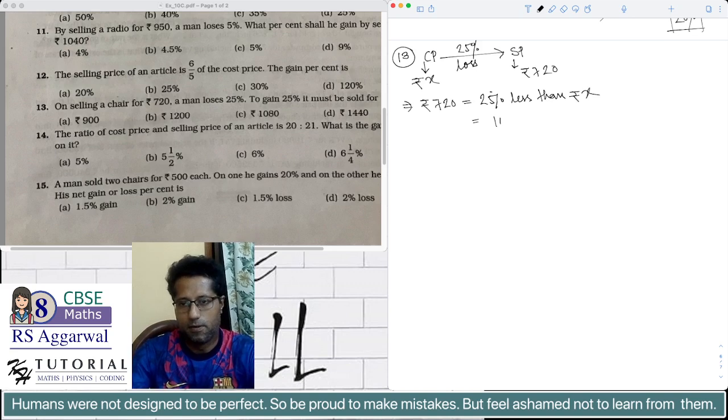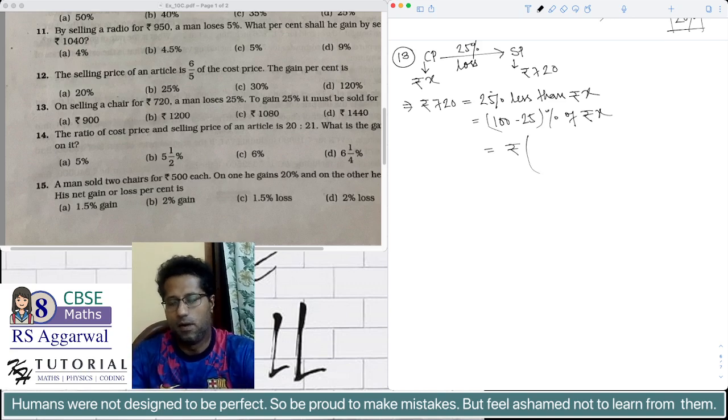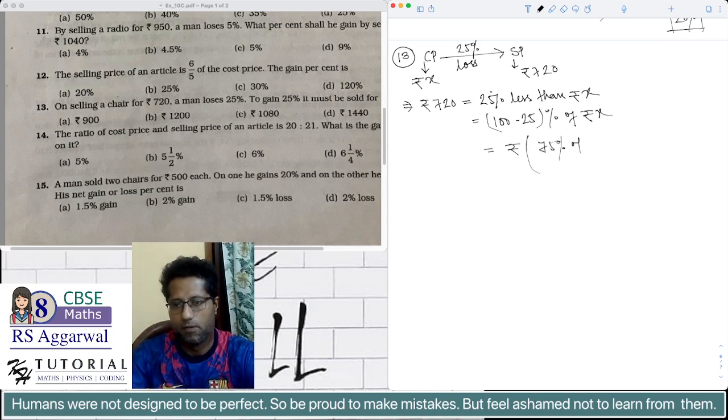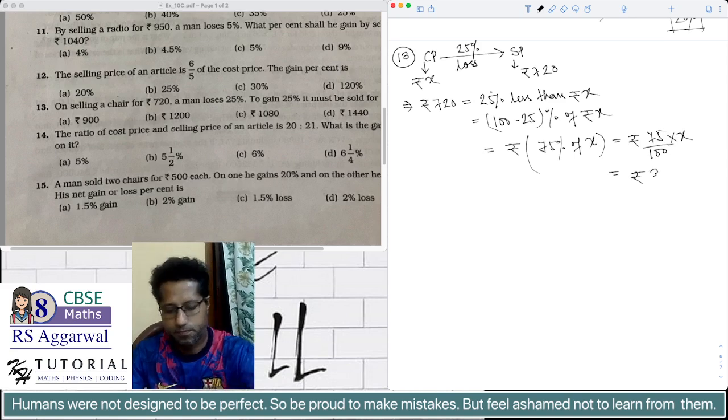25% less means 100 minus 25% of rupees X. This is equal to rupees 100 minus 25 is 75% of X, which is equal to rupees 75 by 100 multiplied by X. Now, after simplifying 75 by 100, it becomes 3x by 4.